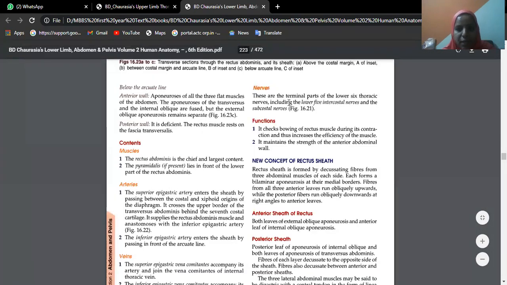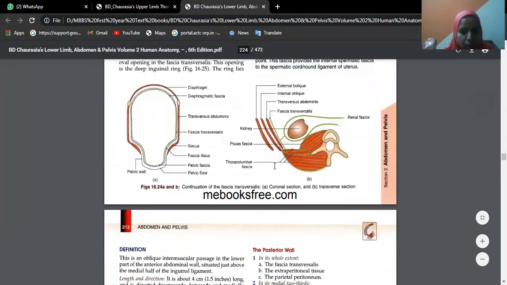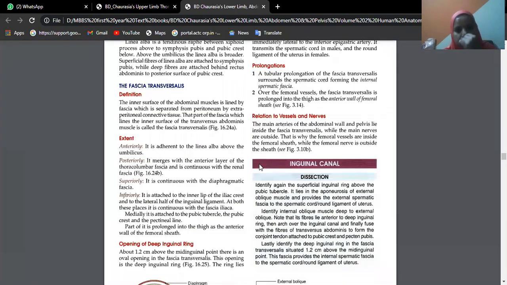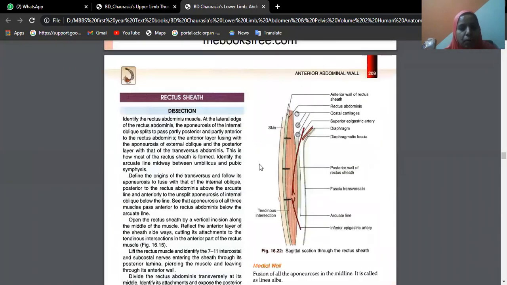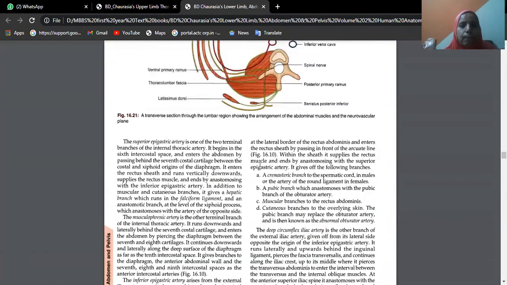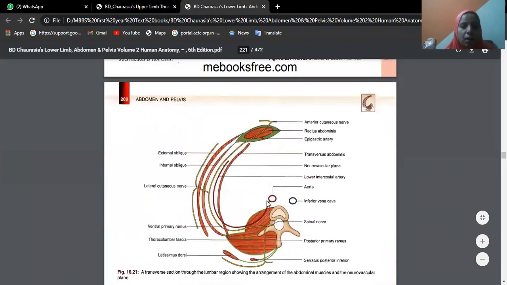Lower 6 thoracic nerves, including the lower 5 intercostal nerves and subcostal nerves. Okay, 16.21 is the diagram showing nerves. It's not so good, but still you can see the thoracic nerves, how they are entering and supplying the rectus sheath.